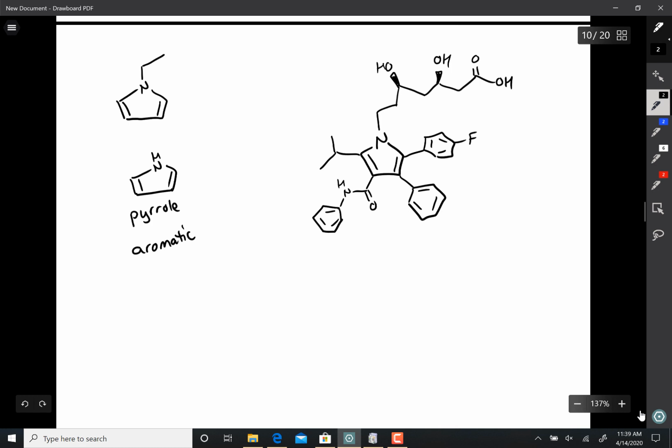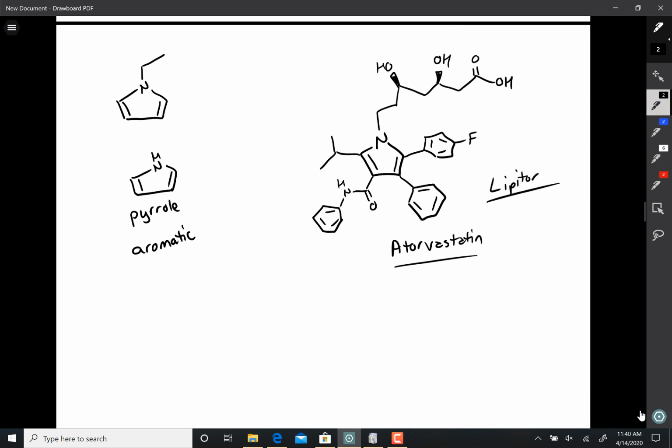Okay, this fancy molecule right here is called atorvastatin. It's a type of drug called a statin drug. It's sold under the brand name of Lipitor. And it's essentially a billion-dollar drug. Highly lucrative drug. Used to control basically cardiovascular disease.